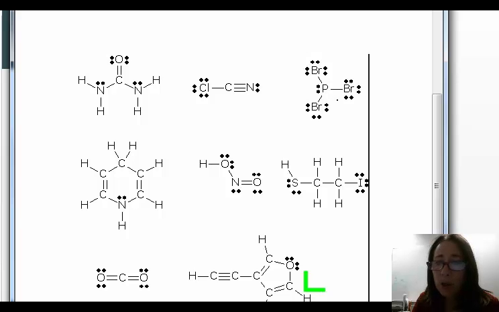Here in this molecule, our phosphorus has 3 atoms bonded to it and 1 lone pair, so it has a steric number of 4. This carbon here has 1, 2, 3 atoms bonded to it and no lone pairs, so this carbon would have a steric number of 3. If we look at this oxygen, it has 2 atoms bonded to it and 2 lone pairs, so it would have a steric number of 4.